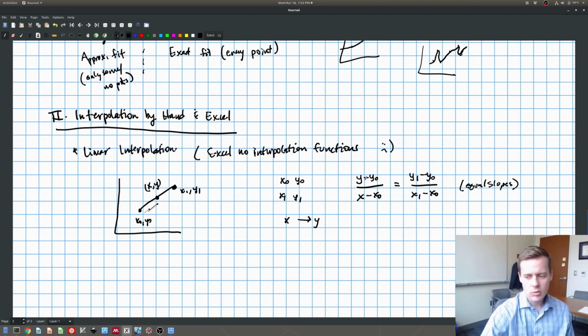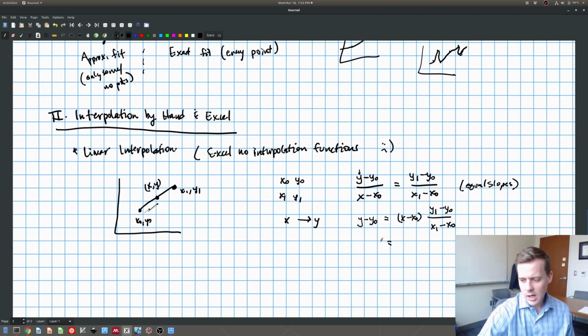And now you just rearrange and solve for y, because that's the thing you want to know. So that's the one equation you know. Now you just have to rearrange and solve. So multiply this thing over. So I'm going to have y minus y0. This is just algebra from here on out. I have x minus x0 multiplied by y1 minus y0 divided by x1 minus x0.